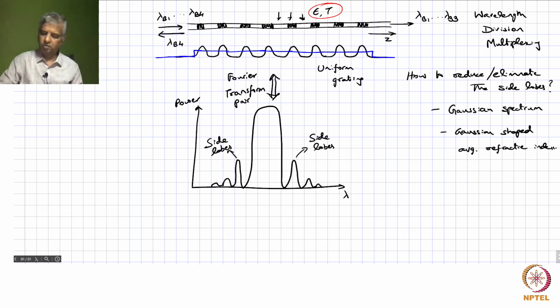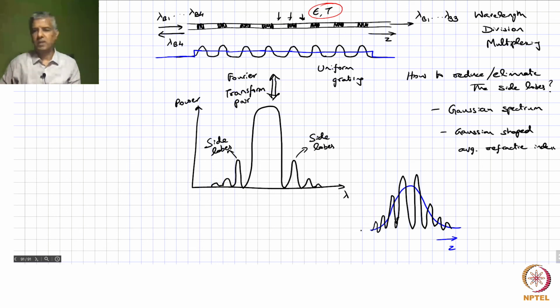So, instead of having a rectangular index shape, if you have an envelope that actually looks Gaussian in nature, then what we are talking about is the average refractive index along this z direction, it looks like this. So, your index variation basically goes like this.